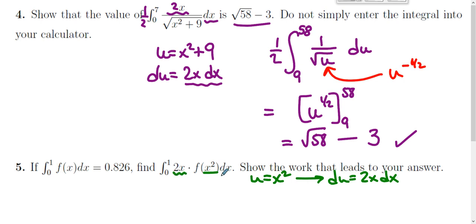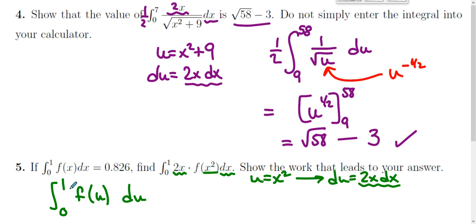So now this part gets replaced by du. X squared gets replaced by u. Integrating from where to where? Well, when x is 0, what's u? When x is 1, what's u?